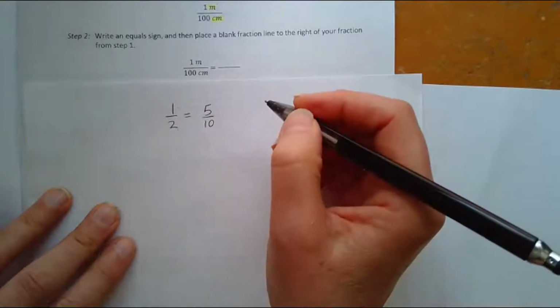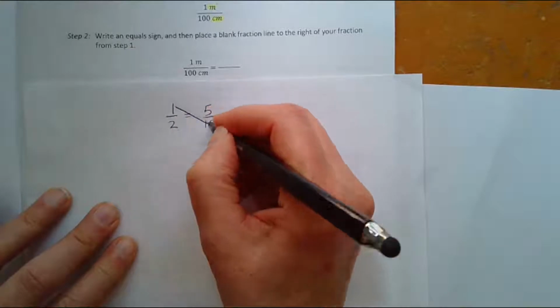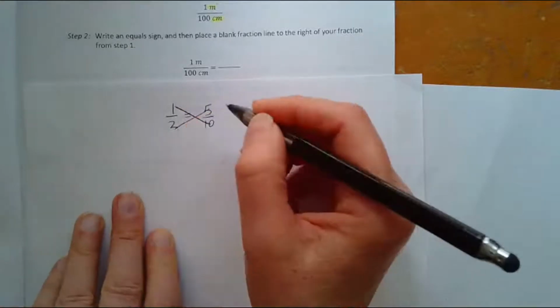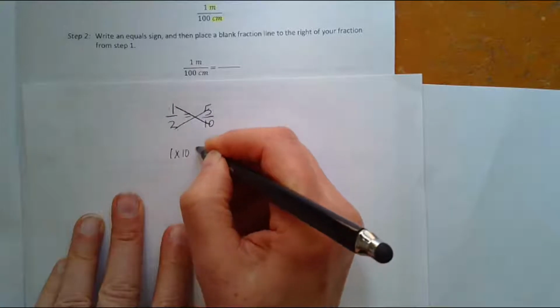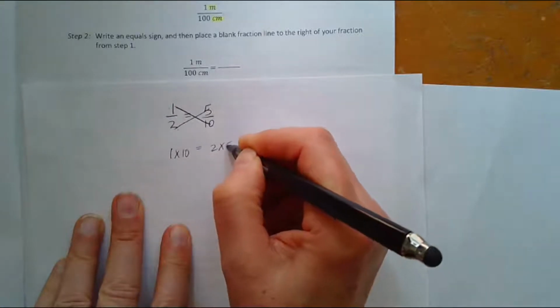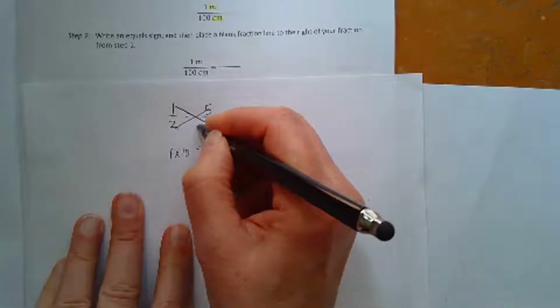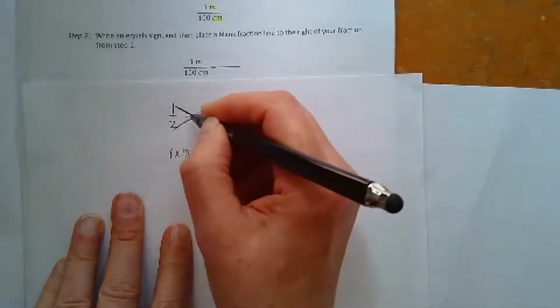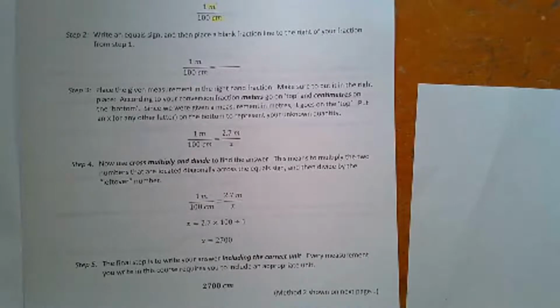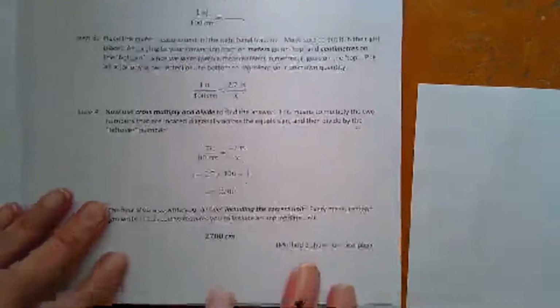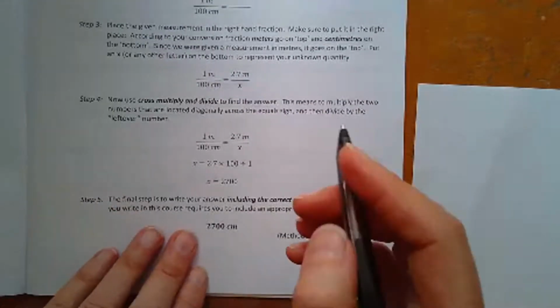But what many people also might not know is that when we cross the numbers that are diagonal to one another, 1 times 10 also has to equal 2 times 5. So because the diagonal numbers also equal each other when multiplied, that's the technique I'm using in this cross multiplication process.